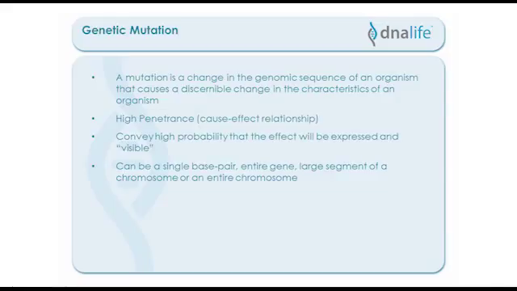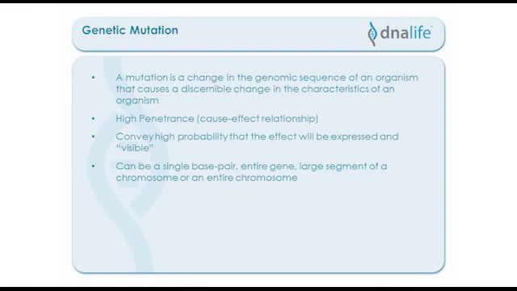These are termed high penetrance, and when you carry the genetic variation, there's a very, very high chance that it will result in a physical manifestation of that variation, be it an appearance, a disease, or some sort of modification or alteration in the biochemistry of an individual.